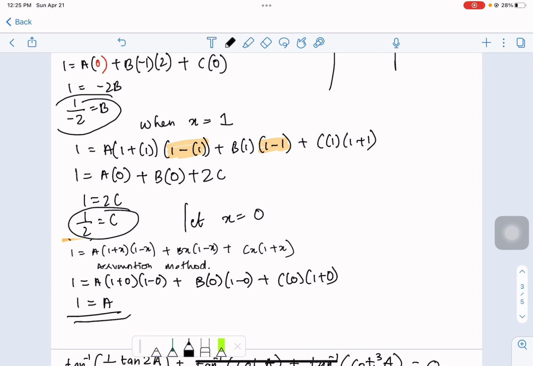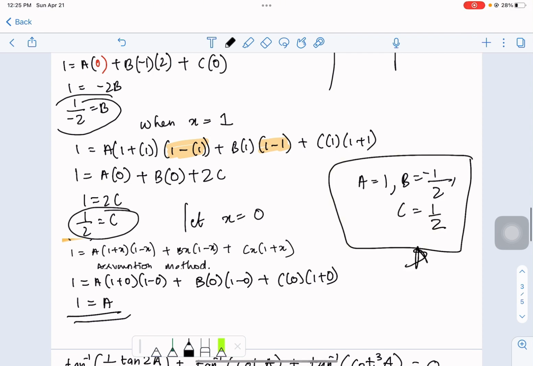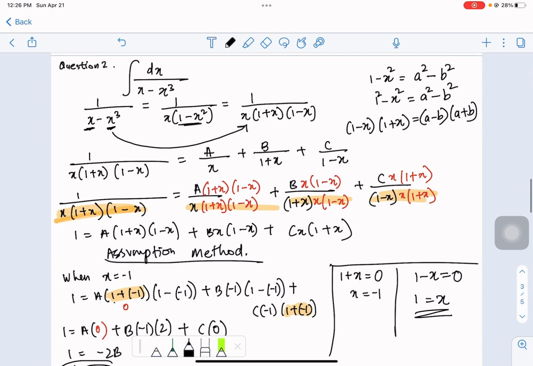So now we got the value of a, which is 1, b, which is negative 1 over 2, and c, which is half. This is important. So now look at the start of the equation. We needed a, b, c for this.